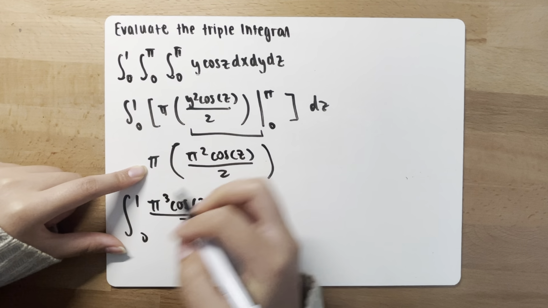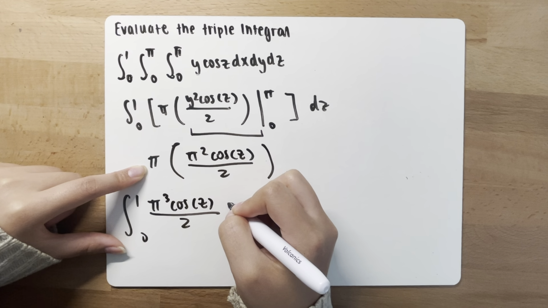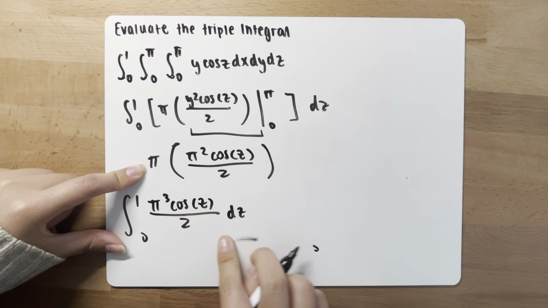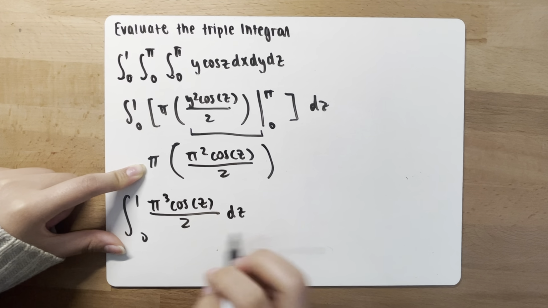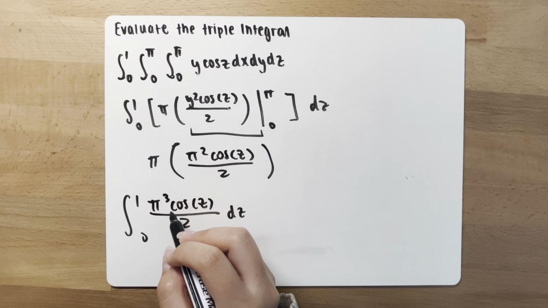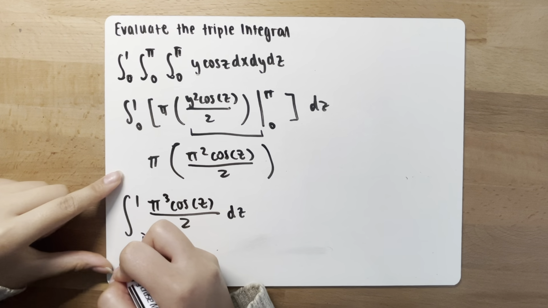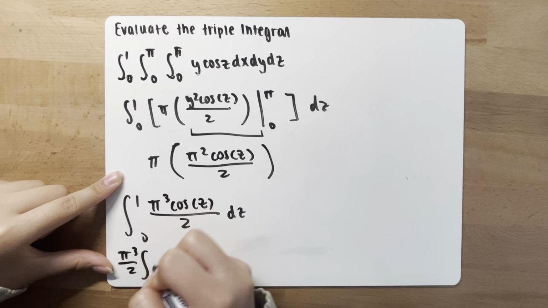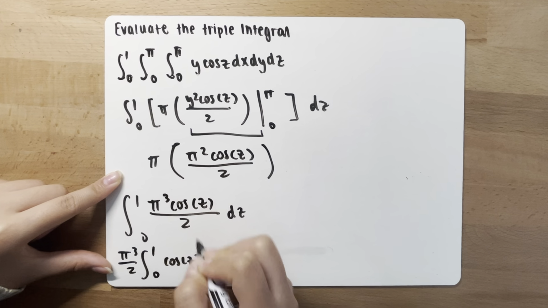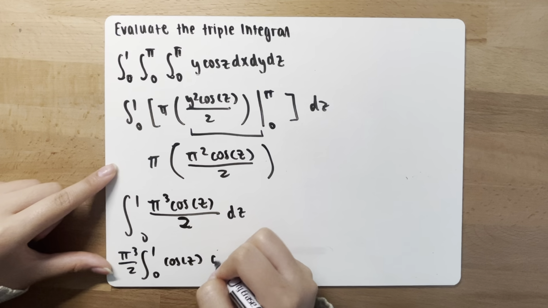And you want to find the integral from 0 to 1 dz. Now, you can take out pi cubed over 2. You will then have pi cubed over 2 times the integral from 0 to 1 of cosine z dz.